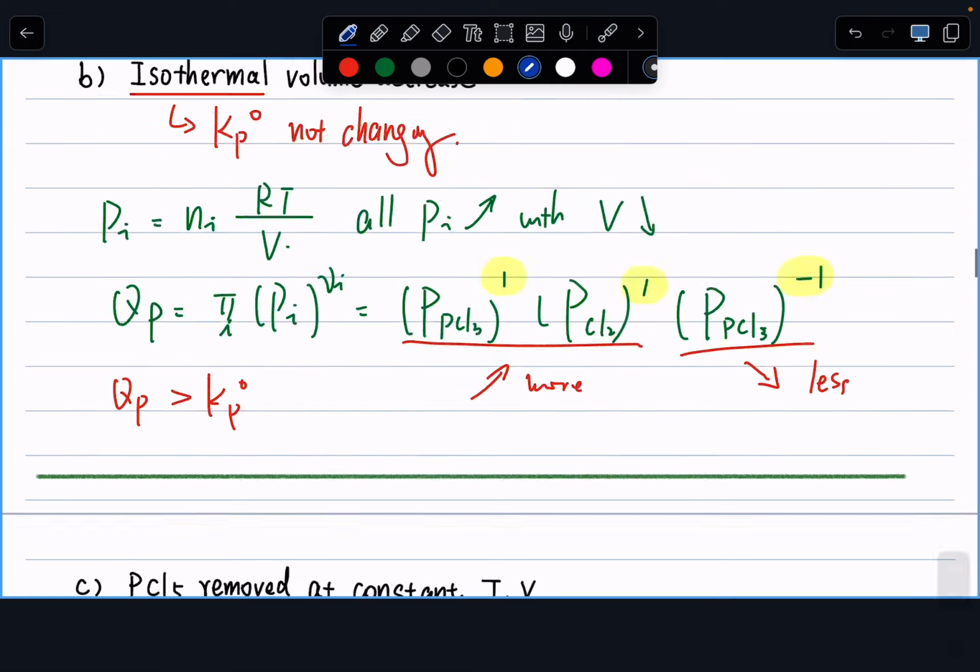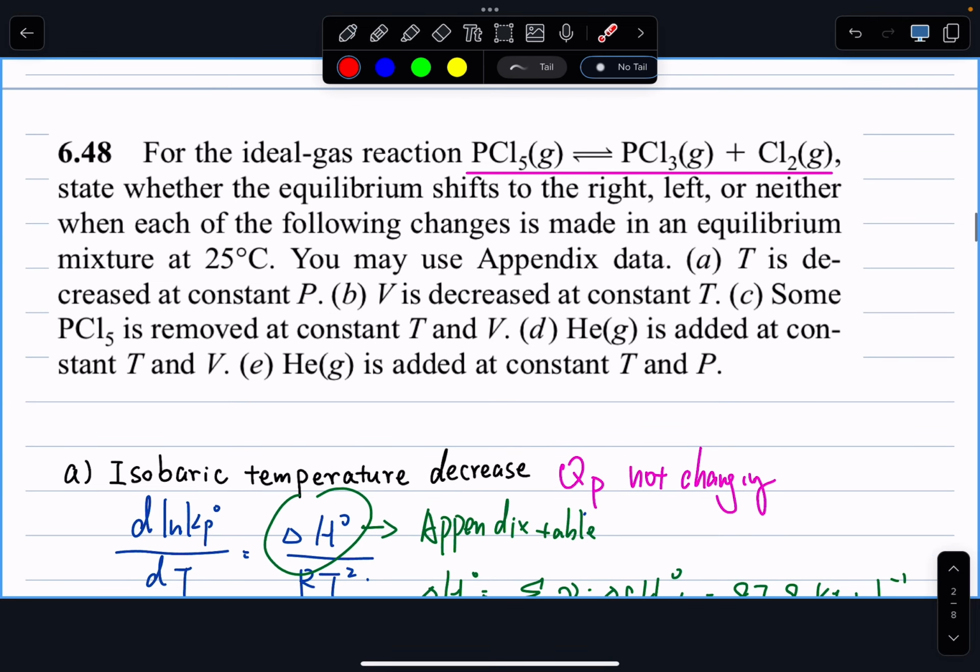Right, and then the two questions are related to each other. So part D, we're adding an inert gas, helium, into the reaction mixture at constant temperature and volume. Part E, we have addition of helium gas at constant temperature and pressure. So in both cases, since we're at constant temperature, my Kp naught is not changing.